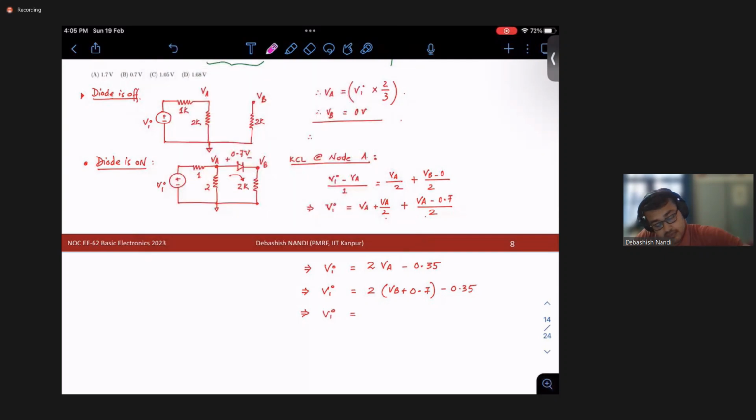So, from the first condition, when the diode is off, it will remain off till the node voltage VA is less than 0.7.